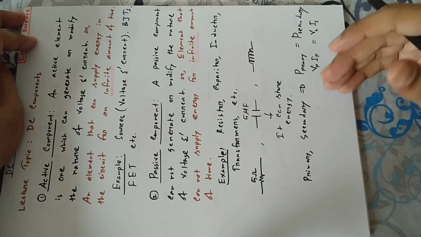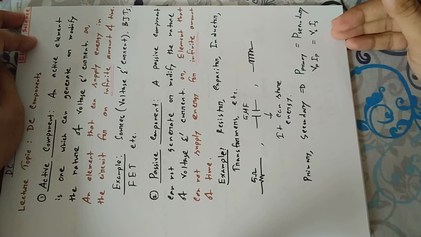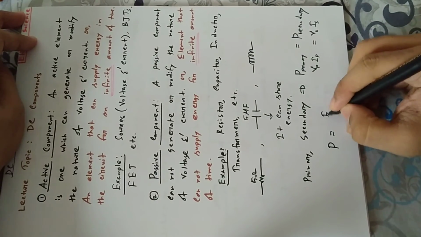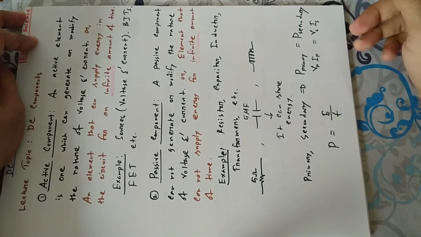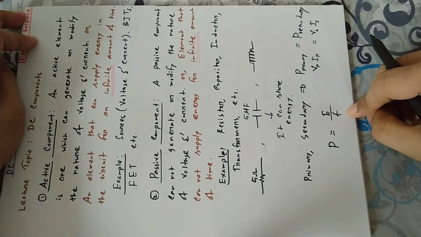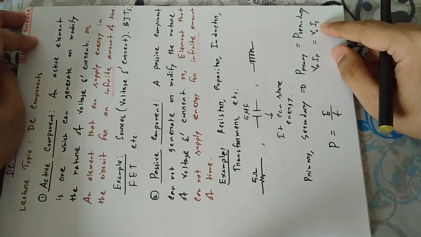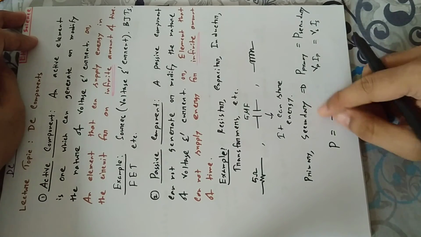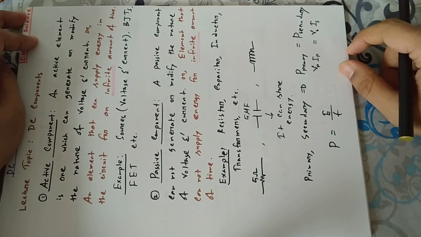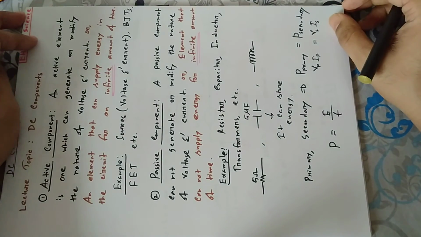So a transformer cannot generate any sort of energy, because power is the rate of change of energy per unit time. Since the power is the same for primary and secondary, the transformer is not producing any energy in this circuit. So a transformer also falls in this category, and a transformer is a passive component.